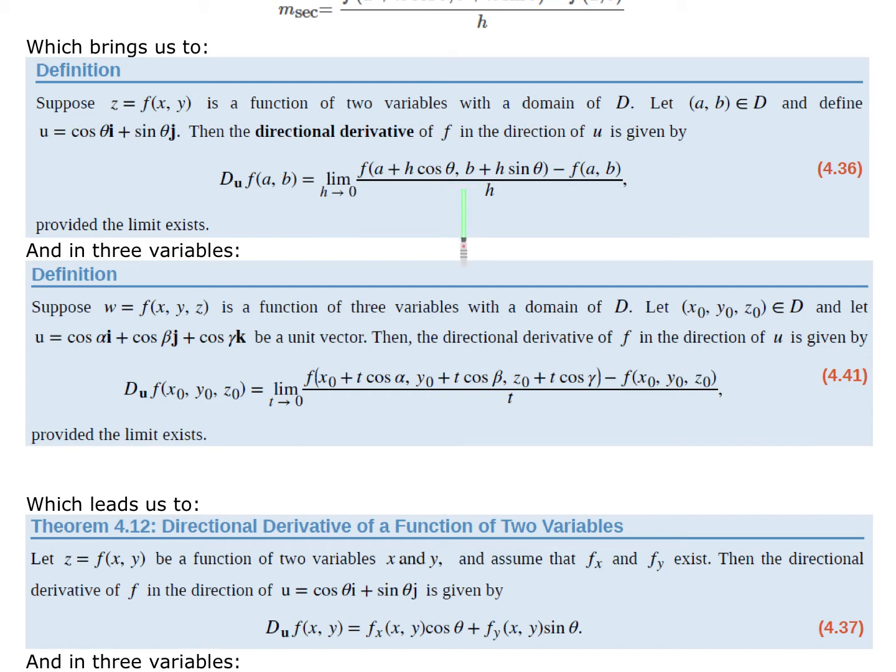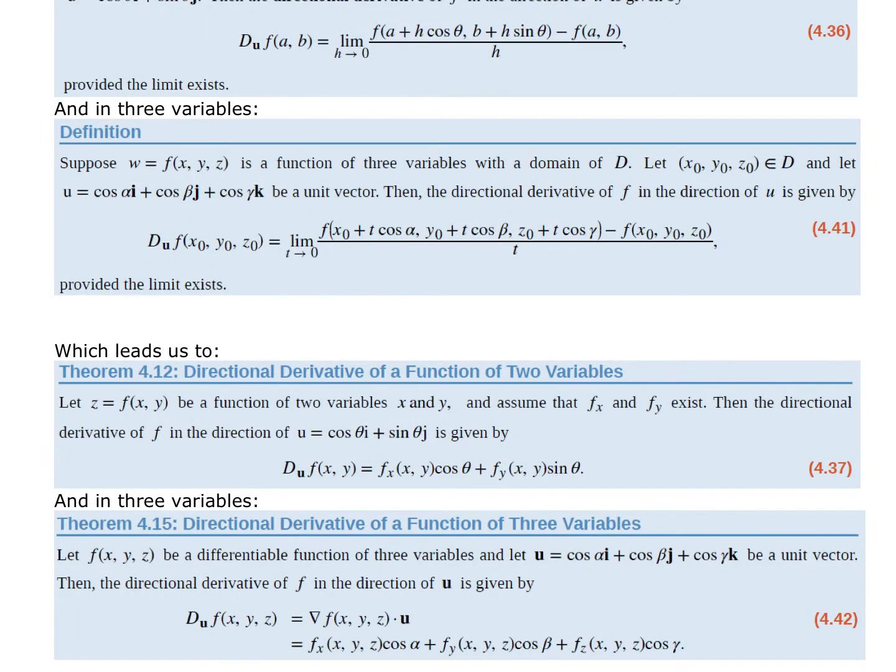I can then take that idea and bring it into 3-space. In 3-space, I have the directional cosines, which is a refresher from section 2.3 in your book. It is the cosine of alpha, cosine of beta, and cosine of gamma, where alpha is off the x-axis, beta is off the y-axis, and gamma is off the z-axis.